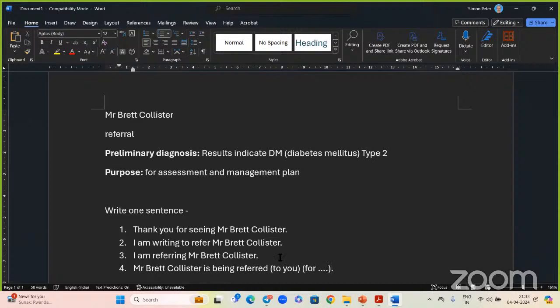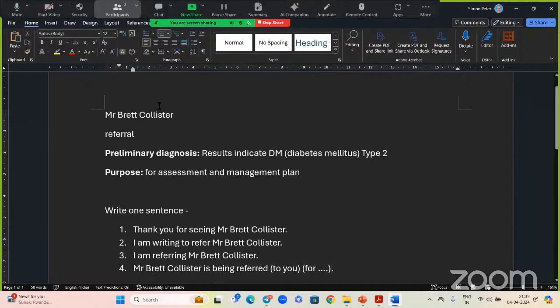Mr. Brett Cholesterol is (being) referred. Brackets mean not needed. It is not compulsory. That's the point, right? For what? Mr. Brett Cholesterol is being referred for what?